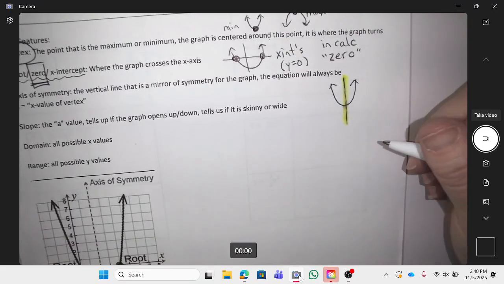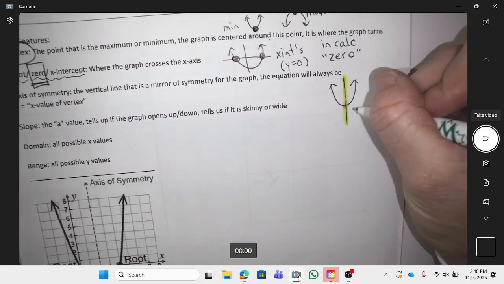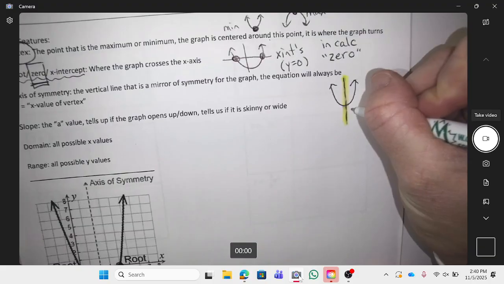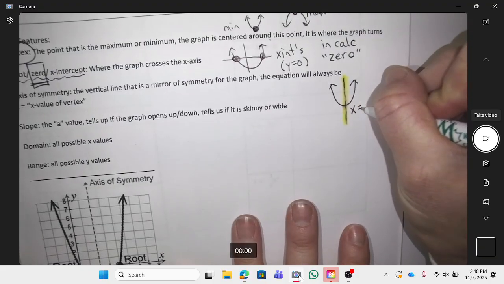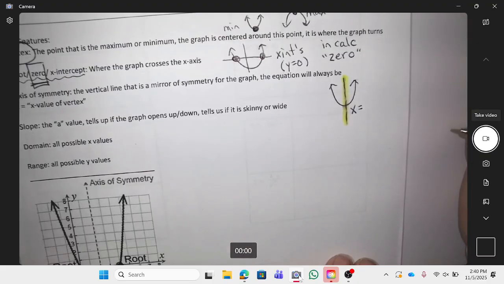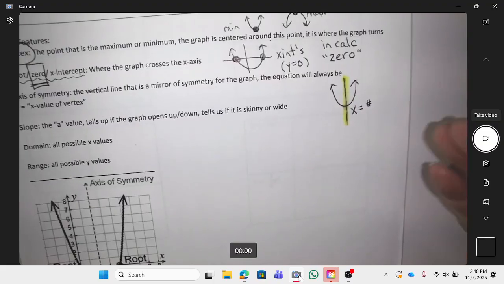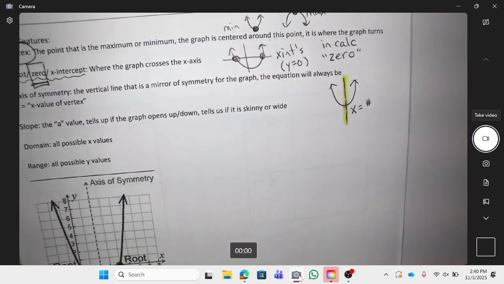You should have learned this in grade 10, which I'm sure you all don't remember. But when you graph a line that's just straight up and down, the equation of it will just be x equals some number. So in grade 10, you learned what I call special lines. X equals, without a y in it, is this way, and a y equals is flat.